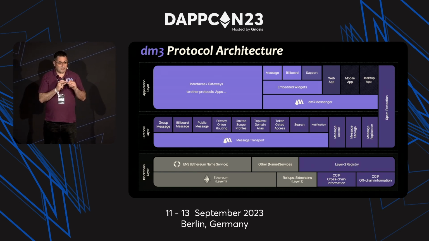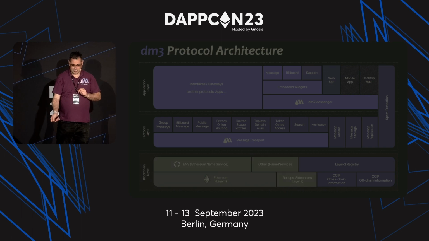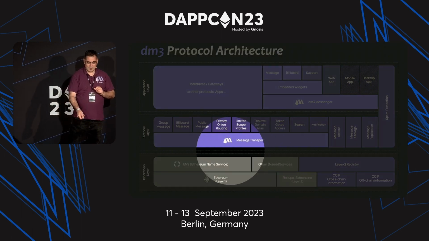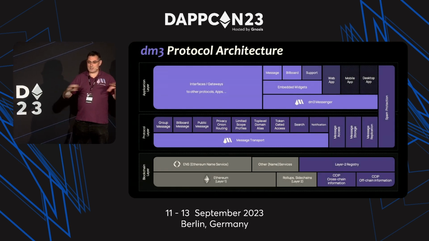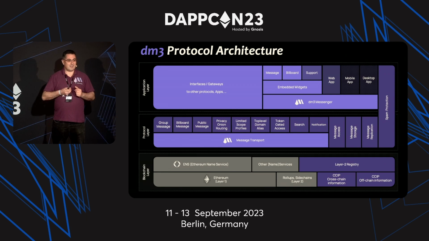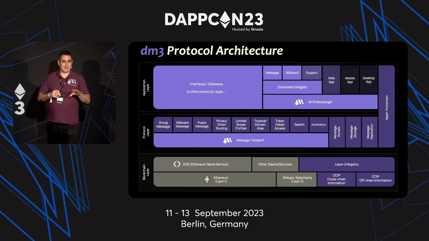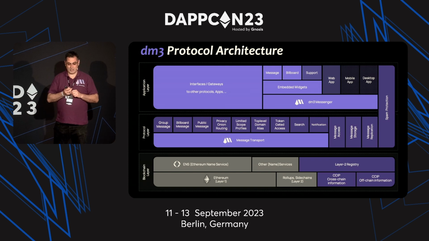Then we have this protocol layer, and I talked a little bit about the message transport protocol. This bar here is the message transport protocol, which is a lean protocol for transferring messages. We have a lot of other protocol extensions, not all of them are already implemented, so that we can provide functions which are needed in any messaging application.